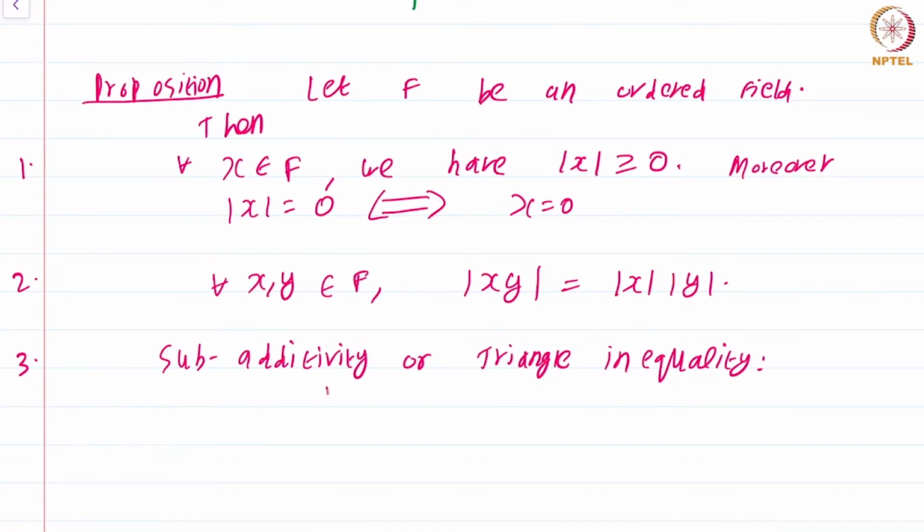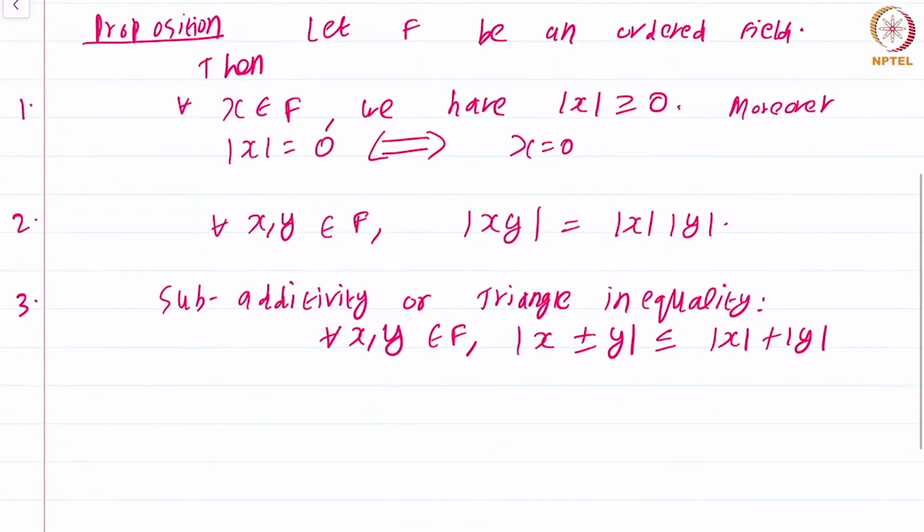For all x, y in F, modulus of x plus or minus y is less than or equal to mod x plus mod y. Okay, so this is actually two inequalities that I have condensed into one inequality by using the plus or minus sign. Fourth is called the reverse triangle inequality. The reverse triangle inequality says the following.